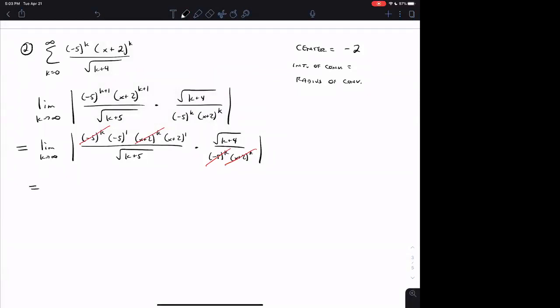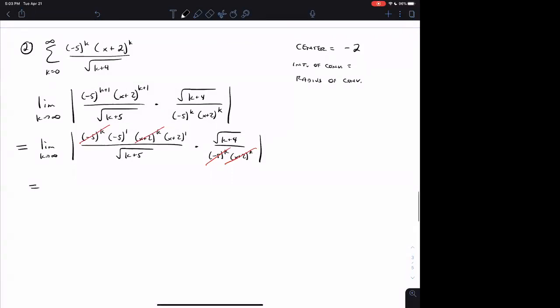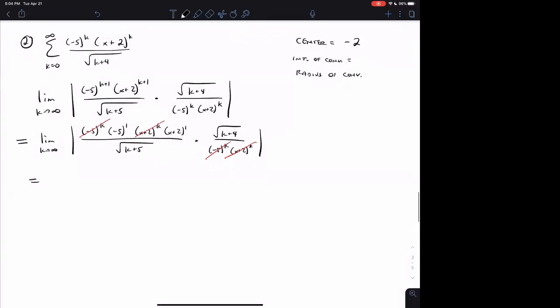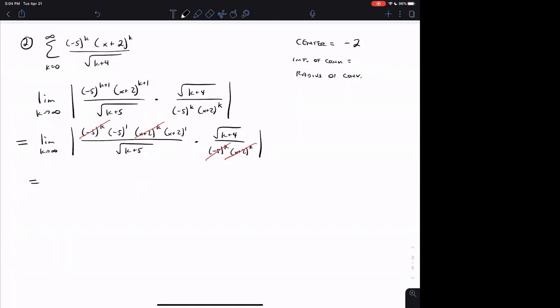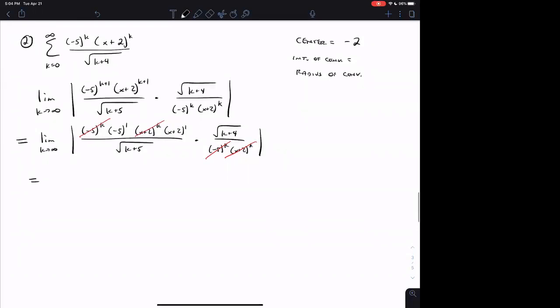Now we can figure out what to pull out of the limit and what to pull out of the absolute value. I'm going to choose to leave 5 in the limit, although we could pull it out. But we know the absolute value of 5 is 5. So I'm going to leave it in, but you could pull it out. You can pull the absolute value of x plus 2 out.